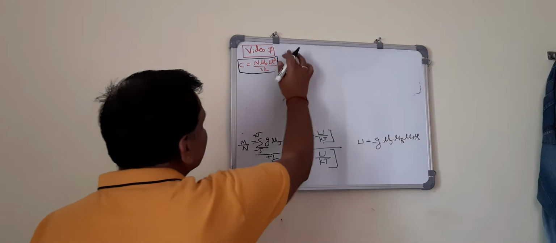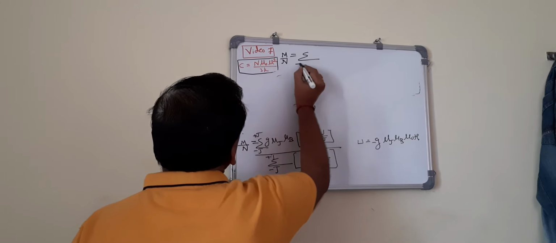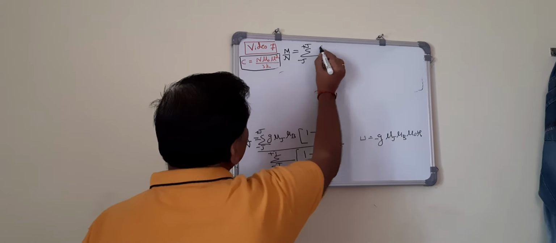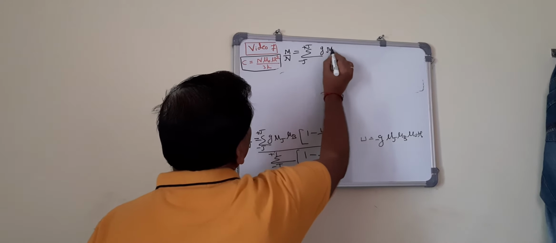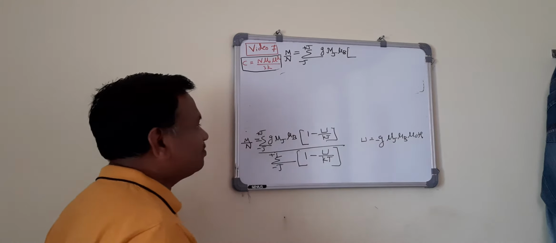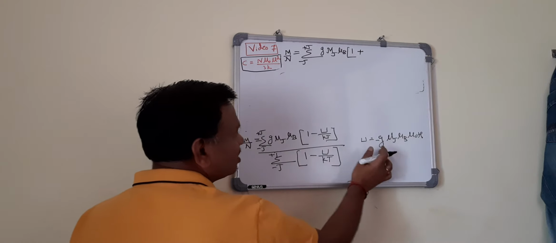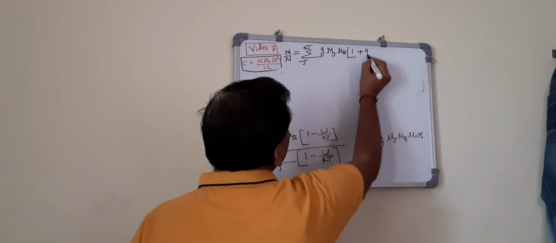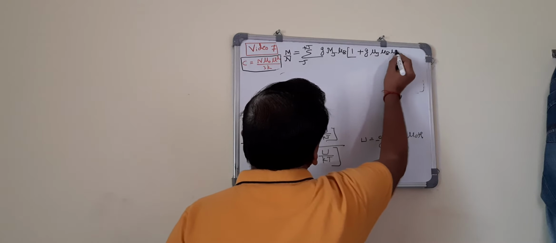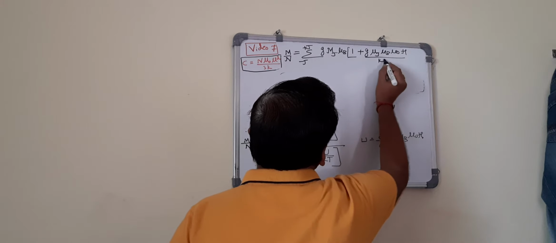Now M divided by N equal to the summation from minus j to plus j of g mj mu B into bracket 1 minus of minus, it becomes plus, g mj mu B mu naught H whole divided by kT.